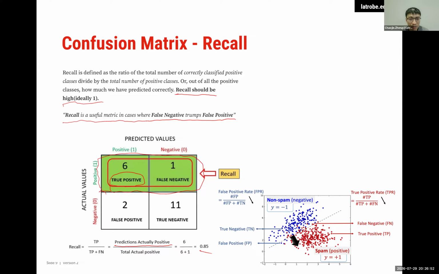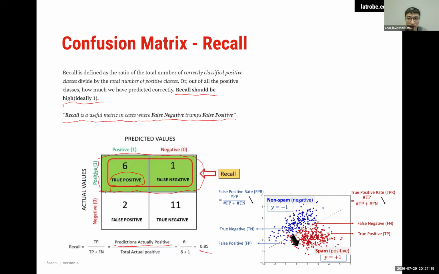Let's think about a scenario like disease screening, for example, cancer detection. Recall is more important than, let's say, precision or accuracy, because we want to catch as many true cases as possible.